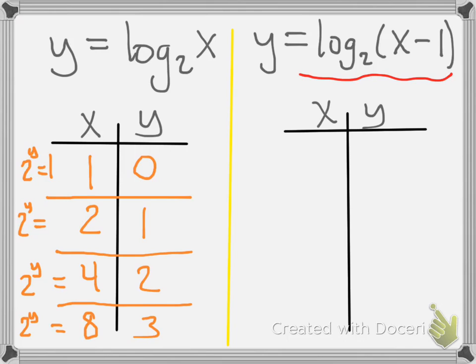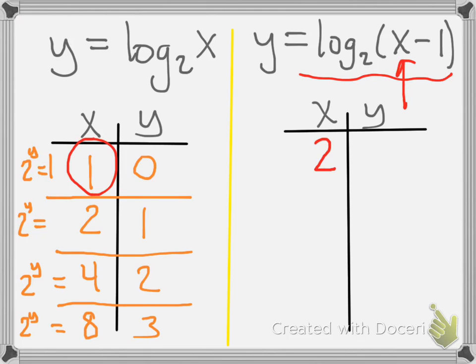So what you want to do is start to think about, what value of x would I plug in here on this side for this new function, so that I would get the same input 1 like I had over here in the left-hand table? Well, I hope it's not too hard to figure out that x would have to be 2.